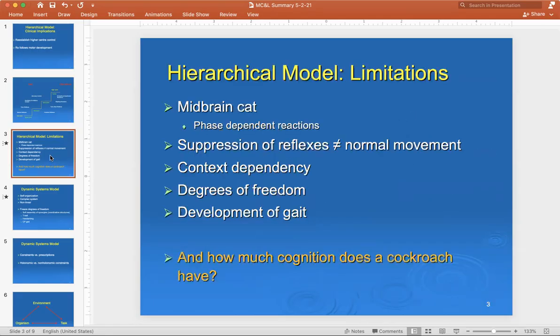Okay. We went over some limitations of a pure hierarchical model. If you believe the brain is the total arbiter, the complete arbiter of movement, it has all the say-so in how a person moves, how do you explain how the cat with its cut midbrain can walk on a treadmill, have these phase-dependent reactions, shake his paw in swing phase, walk with 3 legs, walk with 2 legs on one side of the treadmill going faster than the other, etc., etc. There's a lot of movements this cat could make, and other animals have been shown to do this without the brain attached to the limbs.